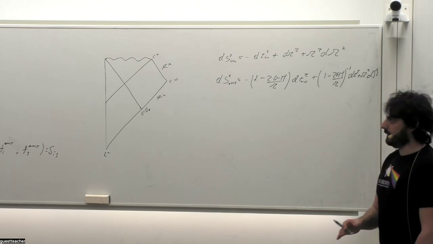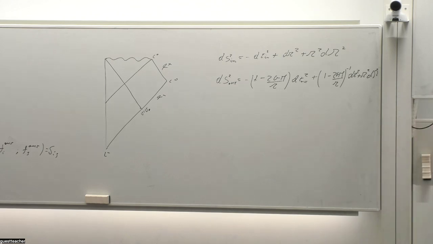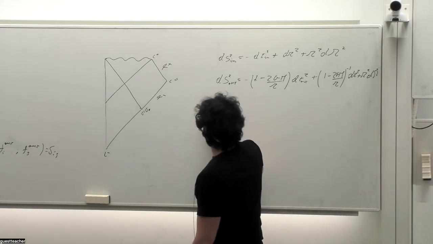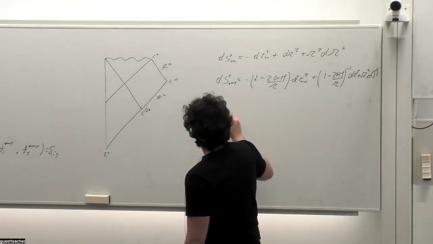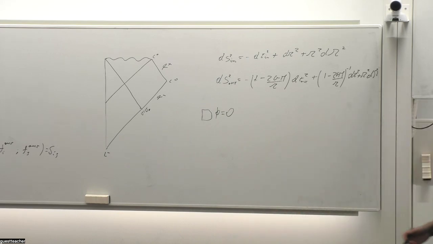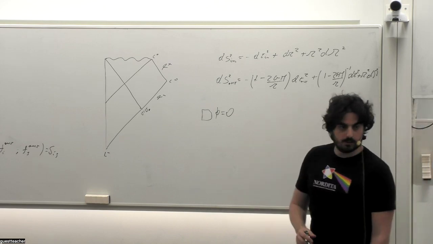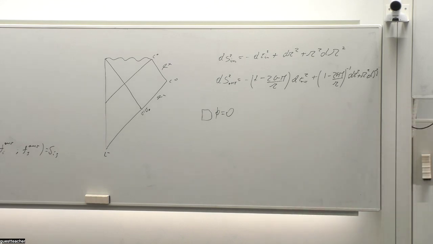Now that we have the background geometry, we put a quantum field. Before, I did all the discussion with a massless scalar, so this is going to be the field equation that my massless scalar satisfies. Box in one region is evaluated with the flat spacetime metric, in the other region with the Schwarzschild metric.